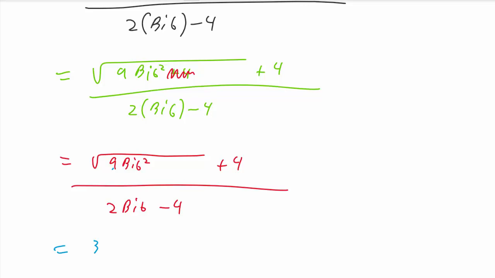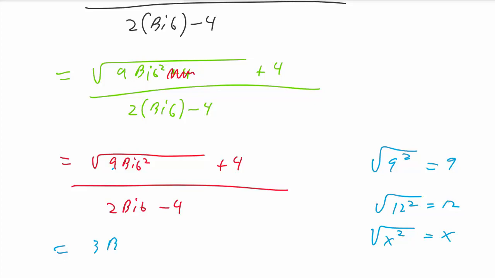It's the same as asking what's the square root of 9 squared. That's 9. What's the square root of 12 squared? That would be 12. So what is the square root of x squared? That would be x. So the square root of big squared is big. Plus 4, divided by still the 2 big.